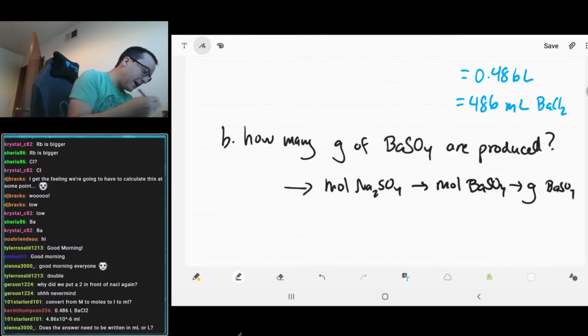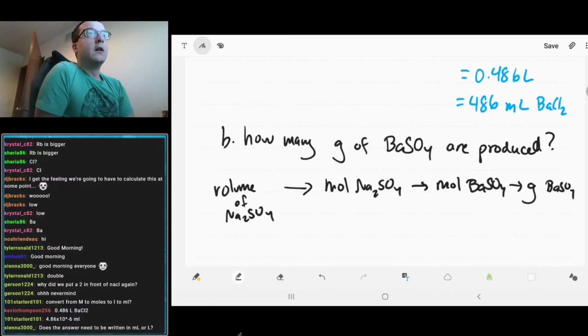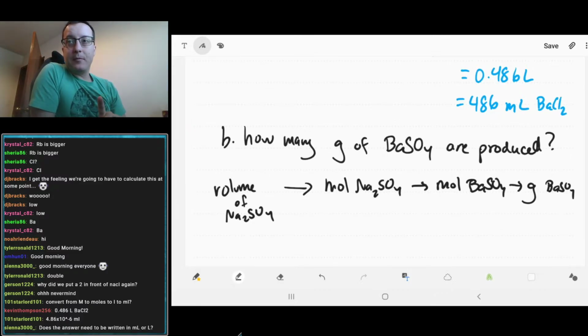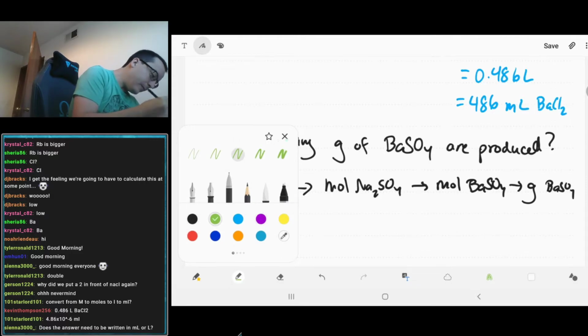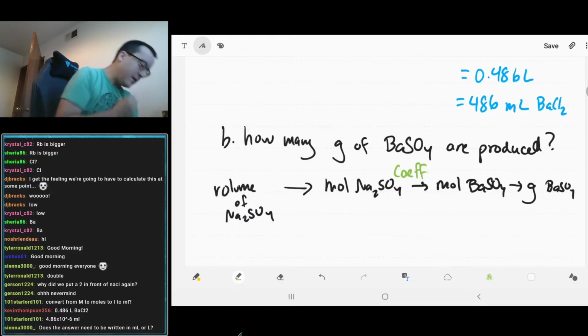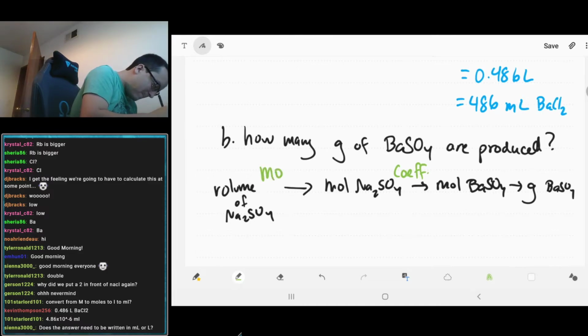And so for our plan again, we remember that we'll have the volume of Na2SO4. So this is the plan. Again, we always start with that middle part. That's our reaction coefficients. Remember, that's the only way you can go between moles of a different substance. We know we can go from volume to moles by using the molarity.